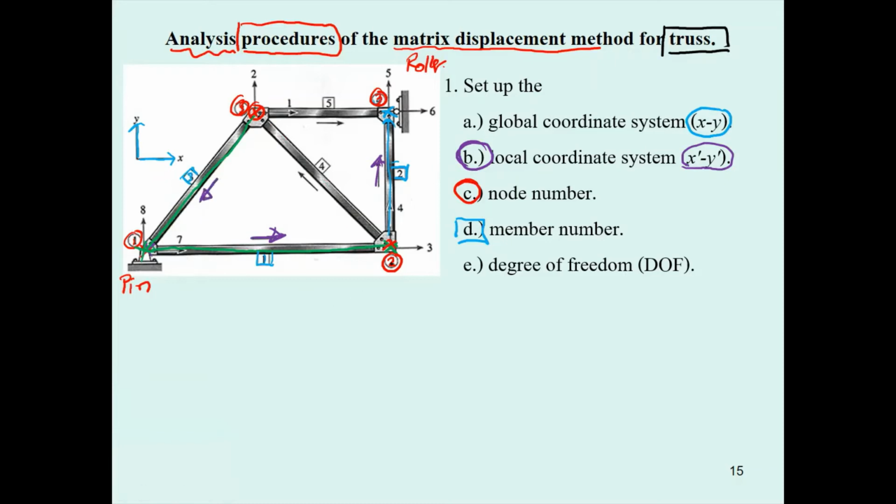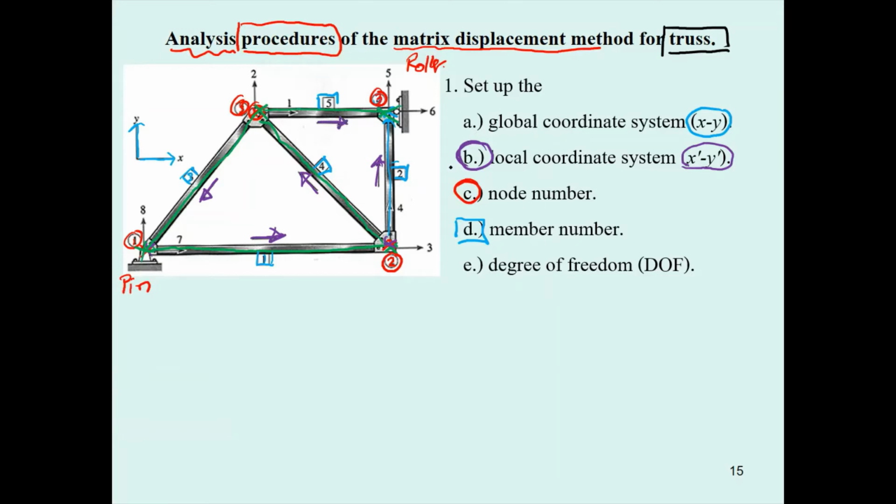Then you come to this point, mark it, and drag the line across. This is going to be member number 4 with its local coordinate direction. Then you mark for member number 5, drag it, and drop it. This is going to be member number 5 with the local coordinate in this direction.